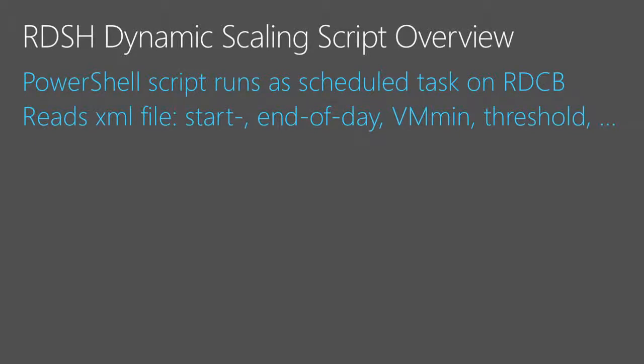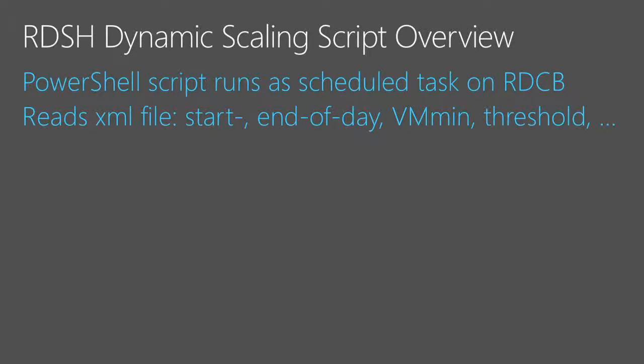And in that XML file, you get to define your start of day and your end of day and things like that. VM min is like the minimum number of RDSH servers you want running during the off hours. If you set it to 0, it's going to go turn them all off. Set it to 1, it's going to leave 1 running, and so forth. And then this thing we call the threshold, that's for the next morning when people start logging back in.